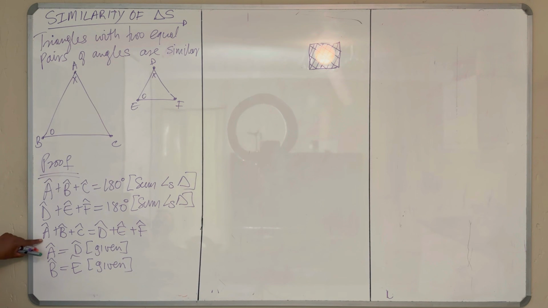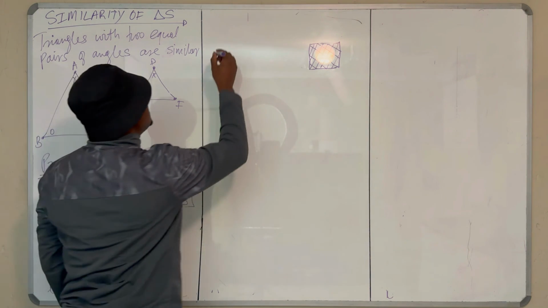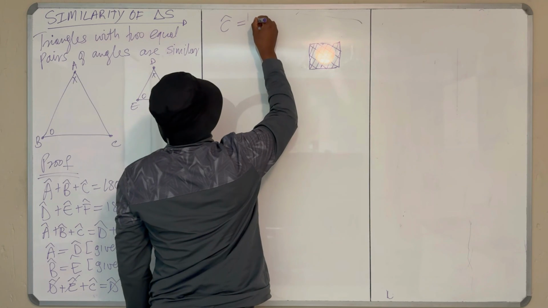Which means here we can put angle D, because A is equal to D, and here we can put angle E. So angle D plus angle E plus angle C is equal to angle D plus angle E plus angle F. This and that will cancel, this and this will cancel, so we're left with angle C equal to angle F.